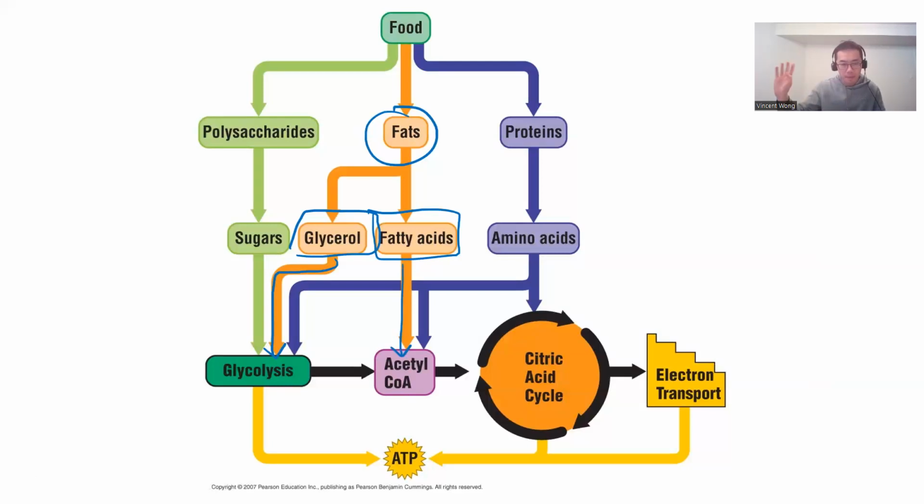There's a whole bunch of math we can do to figure out how many ATPs we can get from a fat molecule, but I'm going to spare you from that. Turns out the longer the fatty acid, the more ATP you can produce. Each gram of fat can produce sometimes 6 or 7 times as many ATPs as the same amount of glucose.